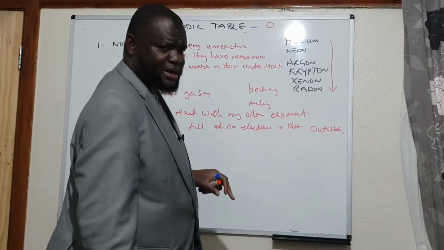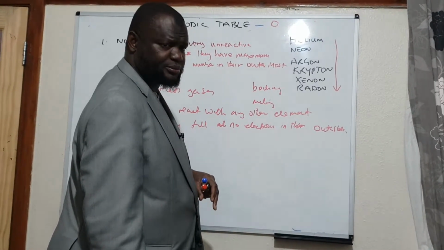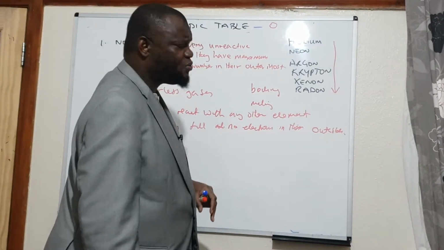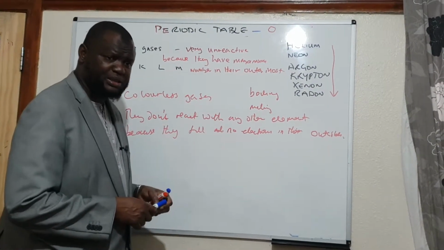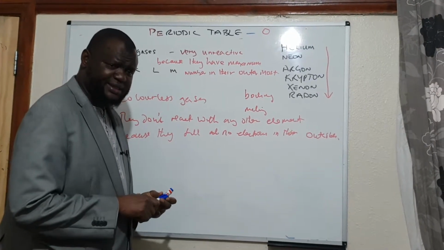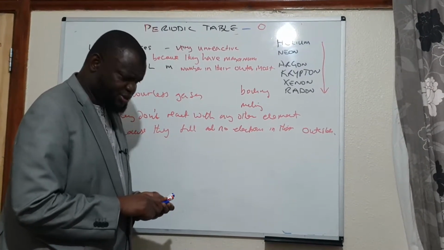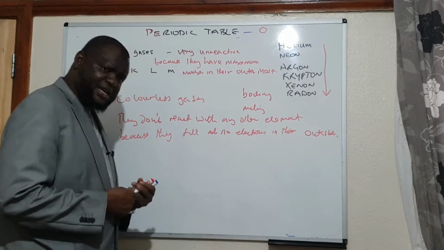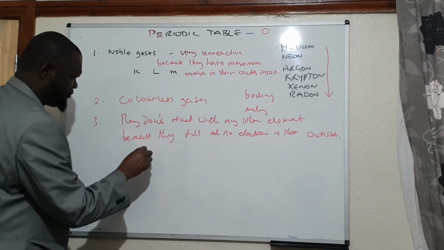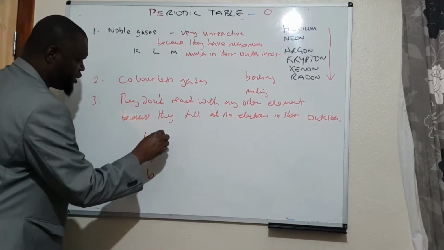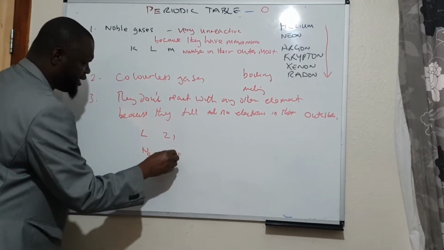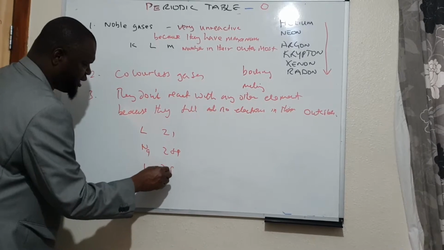So, now, if boiling point increases as you come down, and melting point increases as you come down, what do you think will happen to the mass numbers? Increase or decrease as you come down? They'll increase as you come down. Why do they increase? Because there's more electrons and more protons. Look at this: lithium, sodium, potassium, 2,1; 2,8,1; 2,8,8,1.